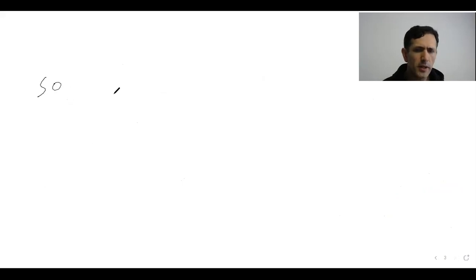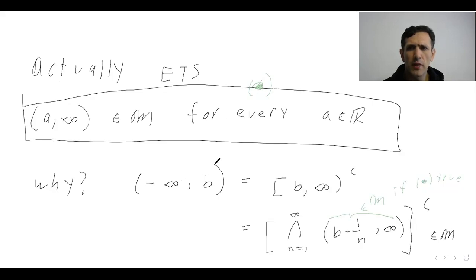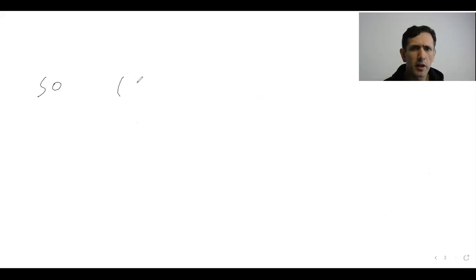So what's the point here? The point is if this is true, then minus infinity to b is in script M, and we can write open intervals a to b as minus infinity to b intersect a to infinity.